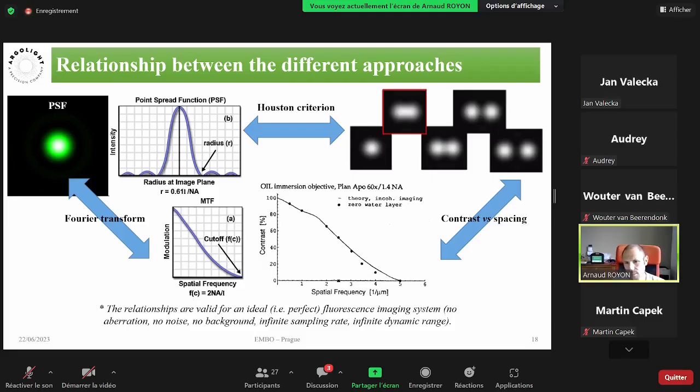And by ideal, I mean there is no optical aberration, there is no noise, no background in the image, the sampling rate is infinite, as well as the dynamic range.